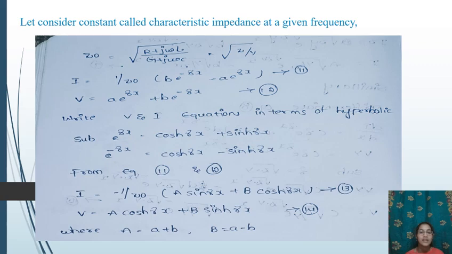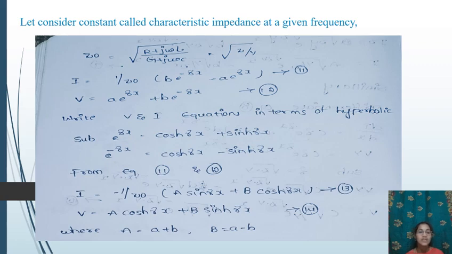Let's consider another constant called the characteristic impedance at a given frequency, Z0 equals root of (R plus j omega L) divided by (G plus j omega C), that is, root of Z by Y. Then I equals 1 by Z0 into (B e power minus gamma x minus A e power gamma x). Let's consider this as equation 11.